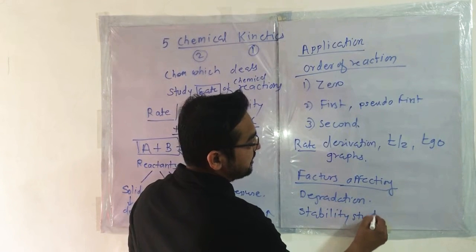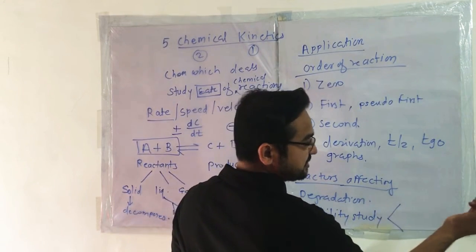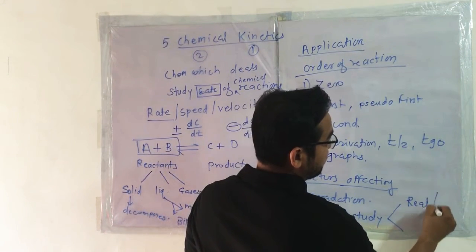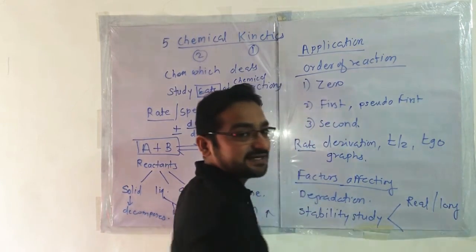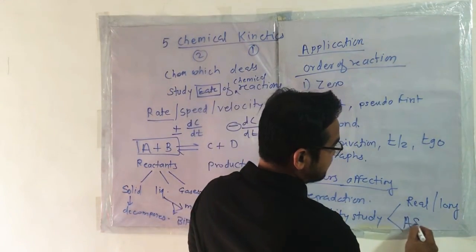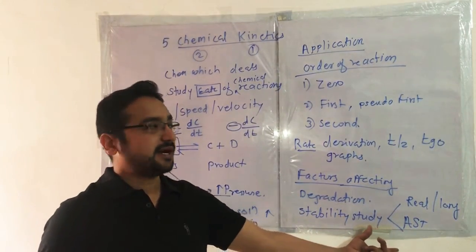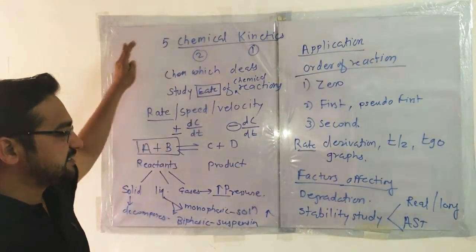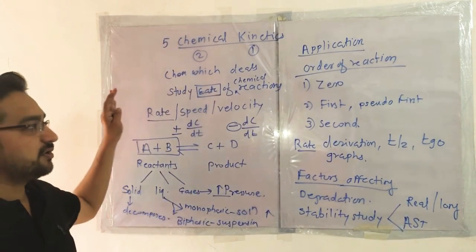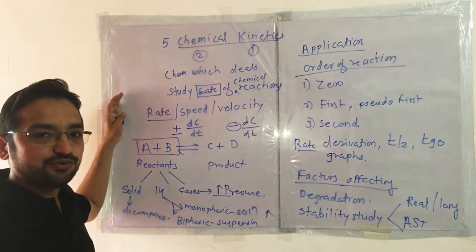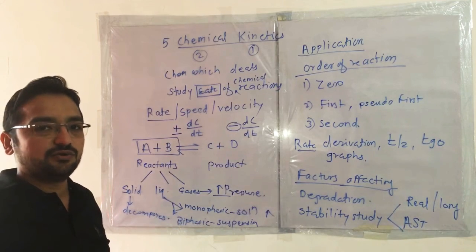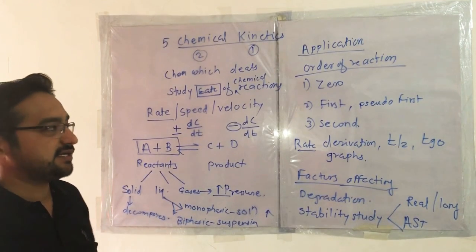The stability study is divided into two parts: real-time testing, or long-term testing, and most important, accelerated stability testing, whose practicals are also there in your practical syllabus. This is a very important chapter from your GPAT preparation point of view, and from your regular second year B Pharmacy examination point of view.